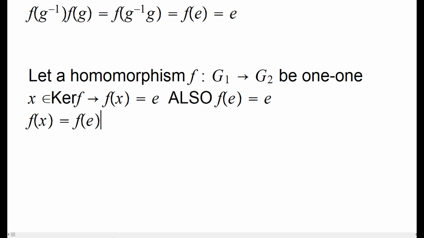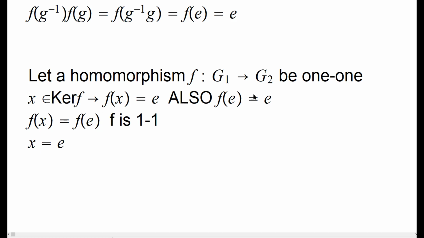Now, we are given that F is one-one. So if these are going to the same destination, then the two elements must be the same.